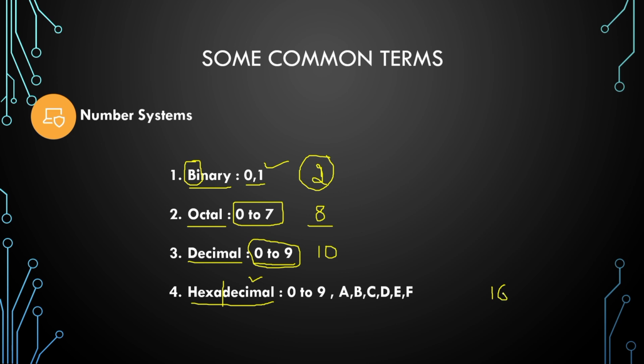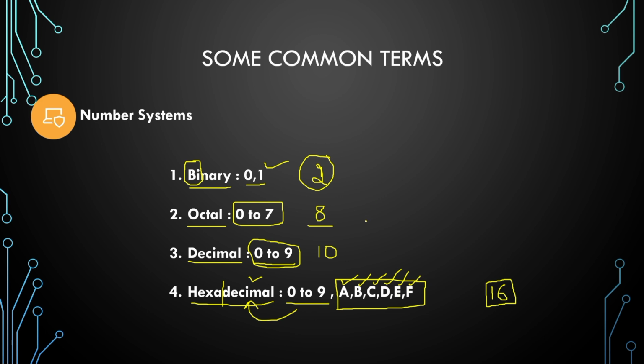So this is the base 16 number system and we are using a total of 16 symbols or digits, that is 0 to 9, which is taken from decimal, and then we have 6 extra symbols, that is A to F. Here 0 to 9 represent the usual numbers taken from the decimal number system, and A represents 10, B is 11, C is 12, D is 13, E is 14 and F is 15.